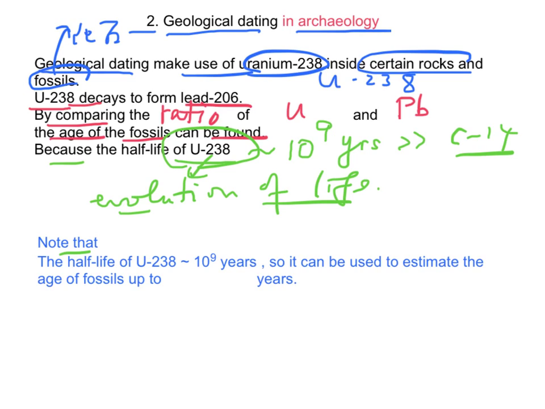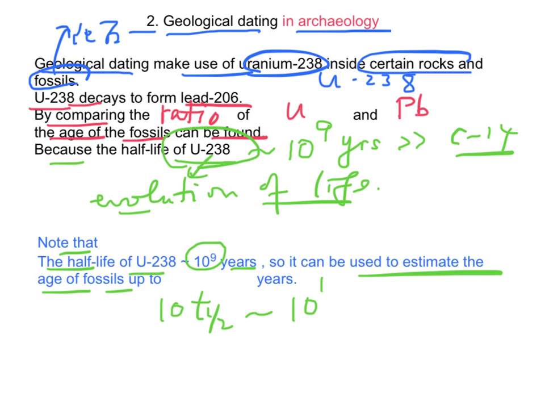Note that the half-life of uranium-238 approximates 10 to the power 9 years, so it can be used to estimate the age of fossil up to 10 half-lives, which is approximately 10 to the power 10 years ago.